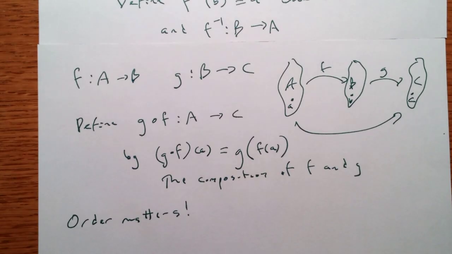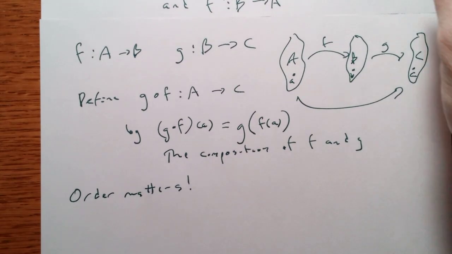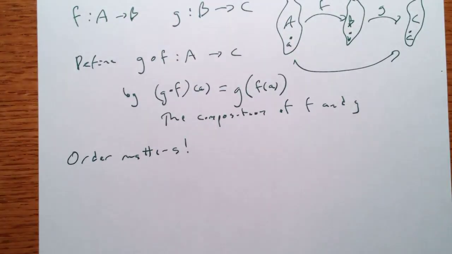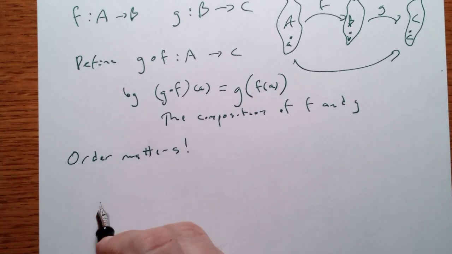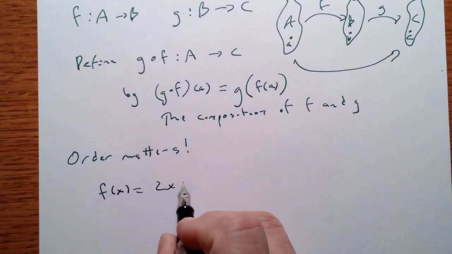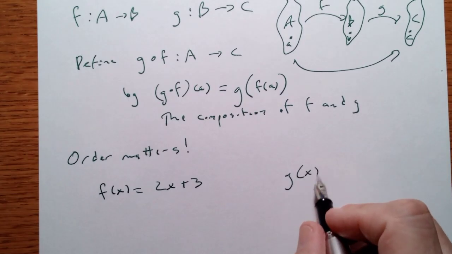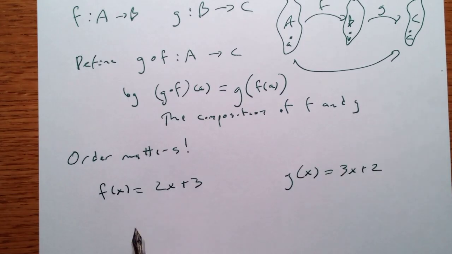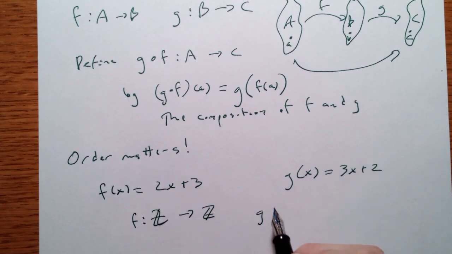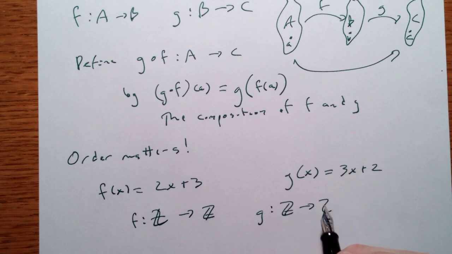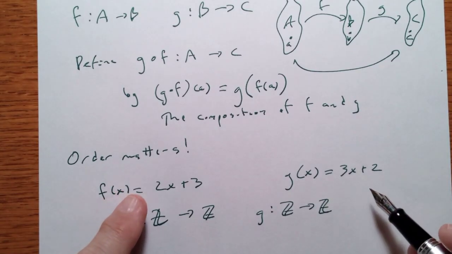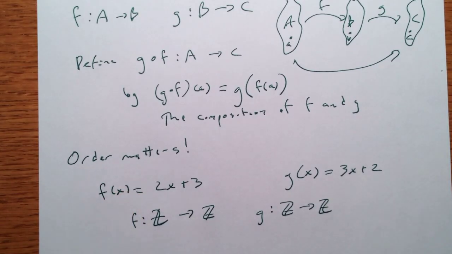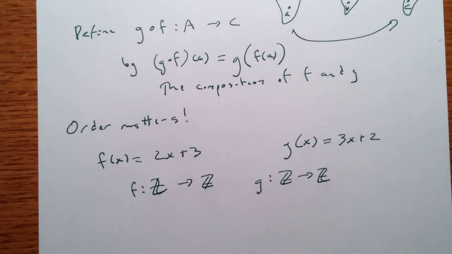When our functions are on the same domains, it's even easier to see that the order matters. Let's consider f of x is 2x plus 3, and g of x is 3x plus 2, and we're going to define these on integers. By the way, these are both strictly increasing functions. They are one-to-one. I'm not worried about inverses.